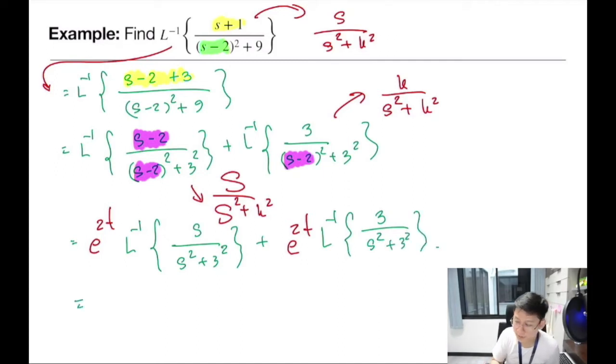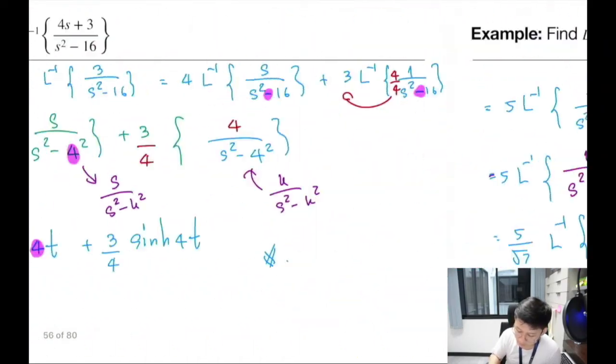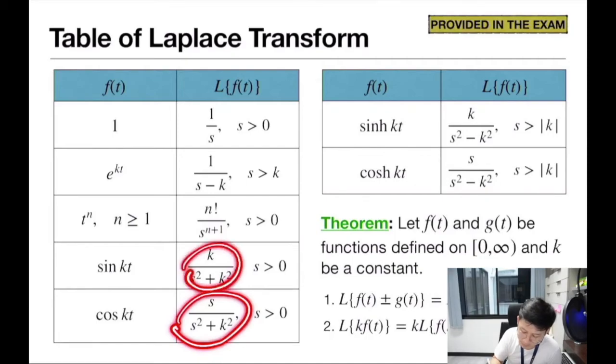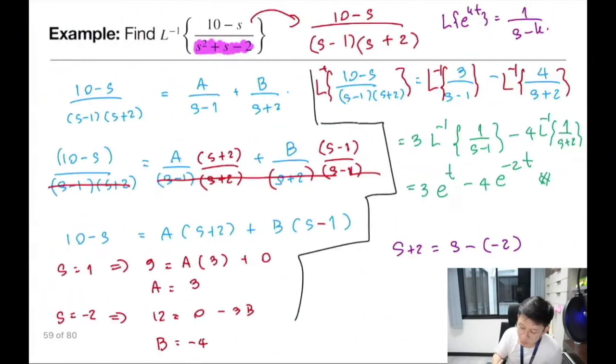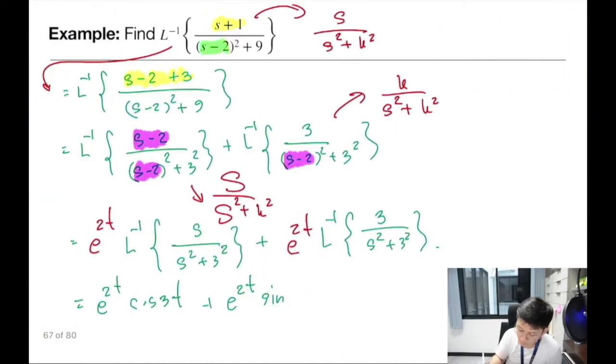And that would be e to the 2t cos 3t plus e to the 2t sine, is it sine? One second, I don't remember. Go and look back at the table. Here, the one with s is a cos, this one is sine. So we would have cos 3t and sin 3t. That's it.